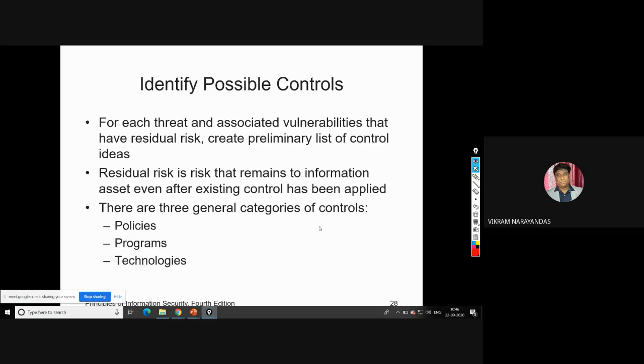There are three general categories of controls: policies, programs, and technologies. Policies are the most important. So what are policies?